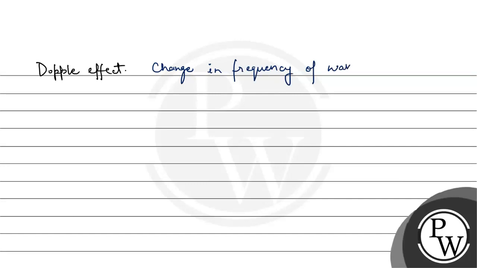So what is Doppler effect? It is the change in frequency of wave, or we can say the apparent change in frequency of wave when the observer is moving relative to the source.